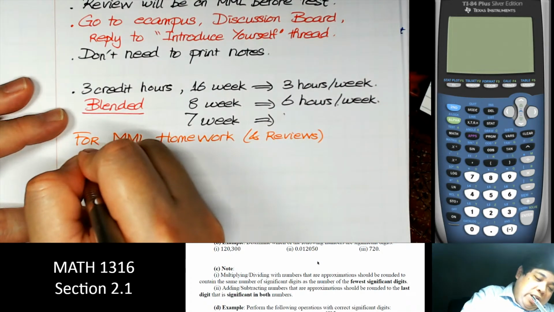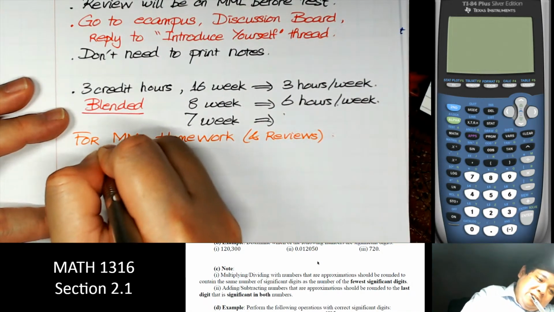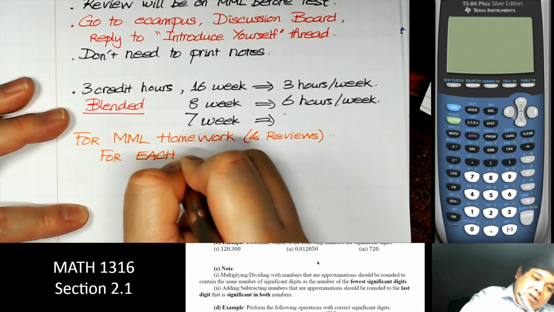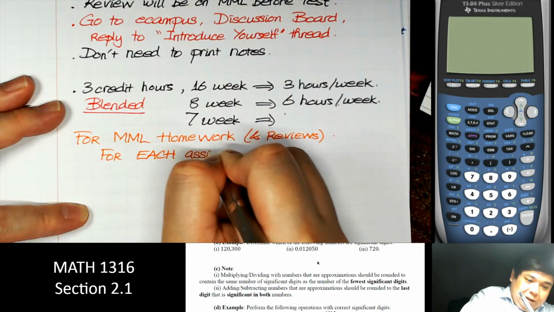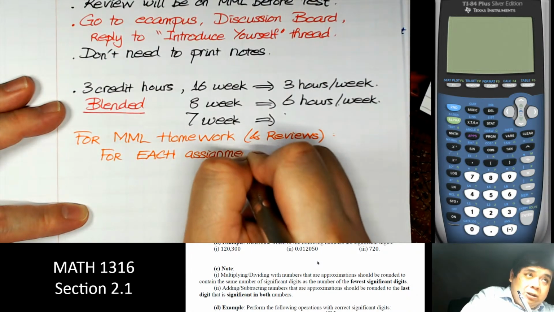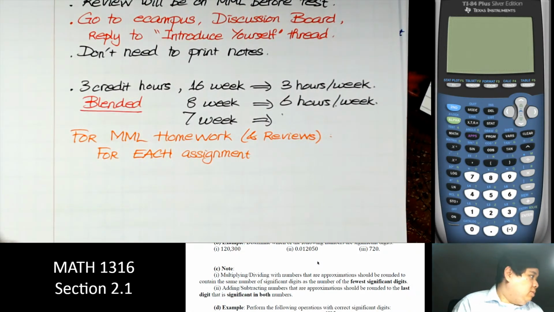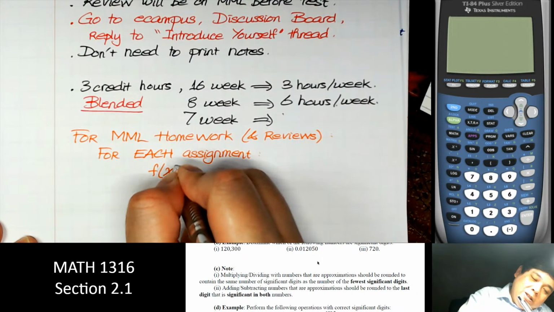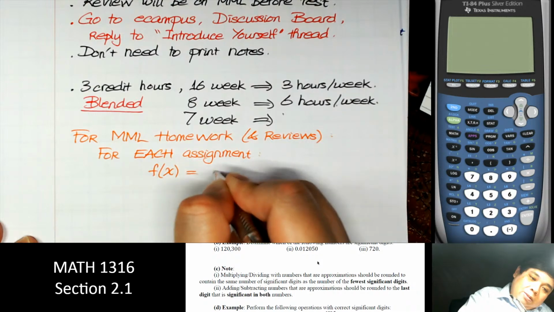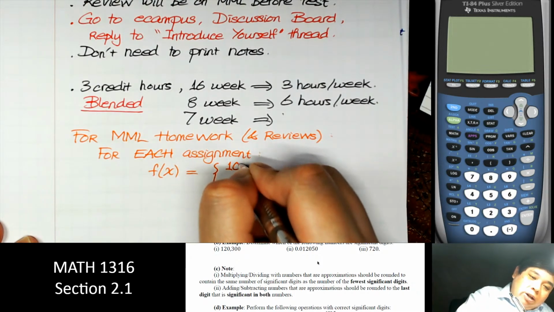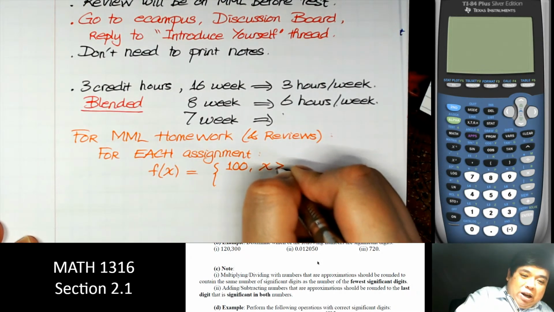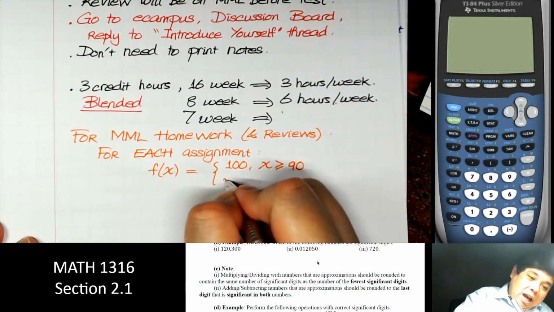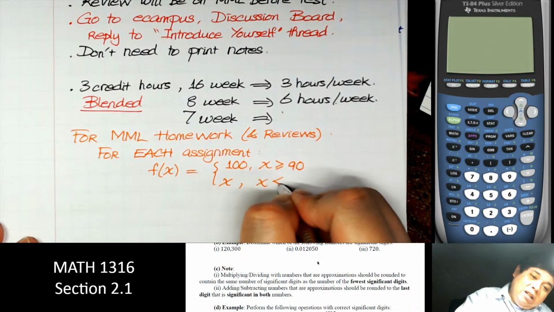Right. For each section, for each assignment, I will round to 100 if you make 90 or more, and I will keep it as is if it is less than 90.